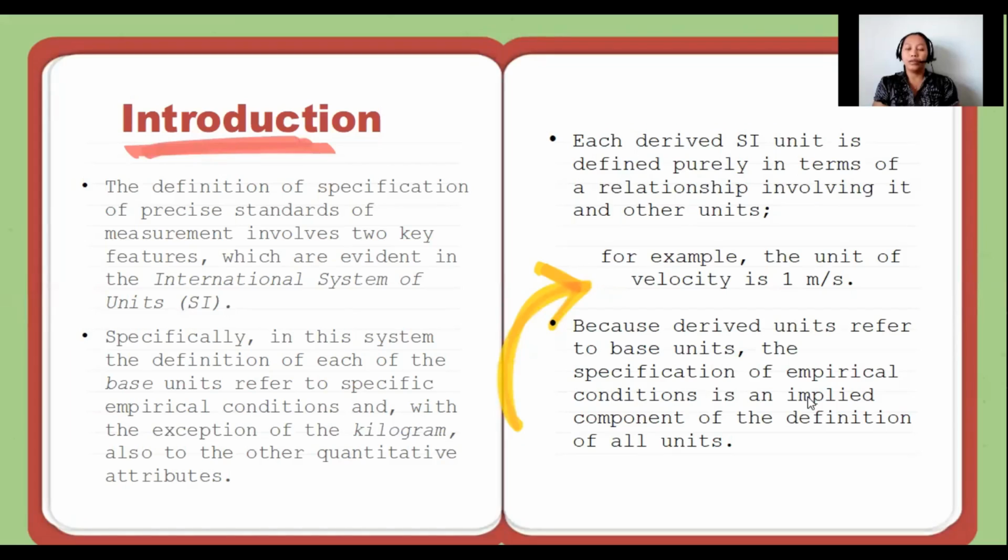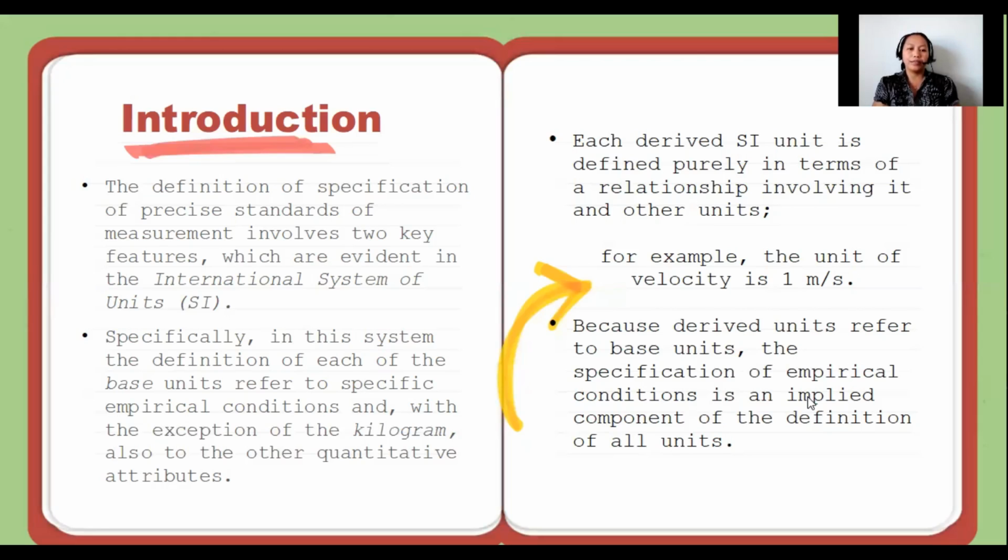You will always see the meter there as the basic unit of measurement. Since this kind of unit is derived from other units, the unit of velocity is meter per second. So the derived units refer to base units. The specification of empirical conditions is an implied component of the definition of all units.